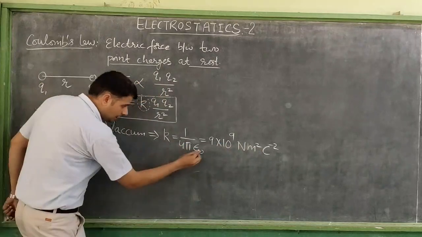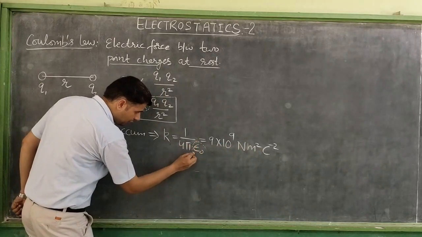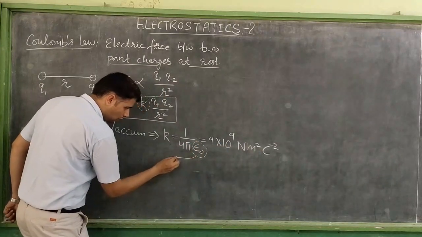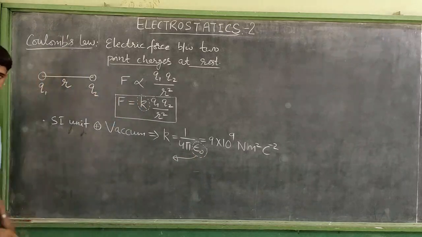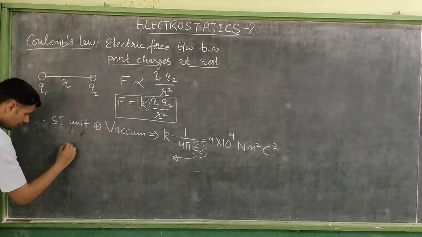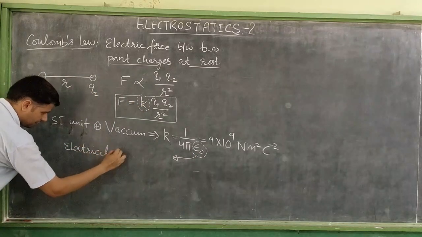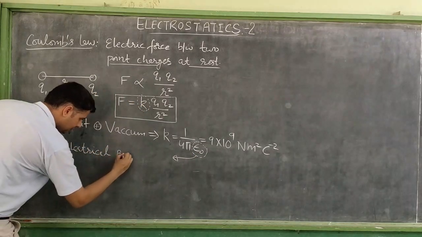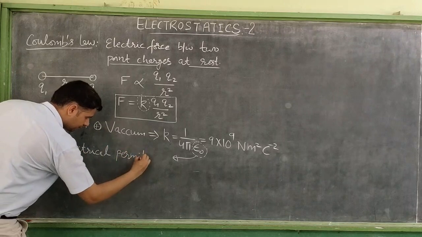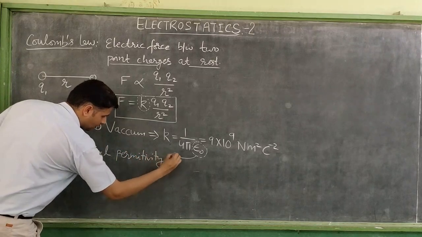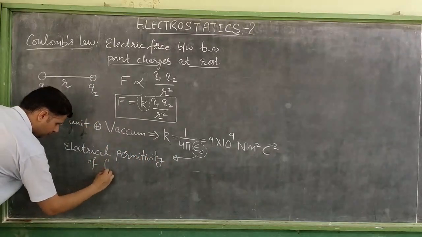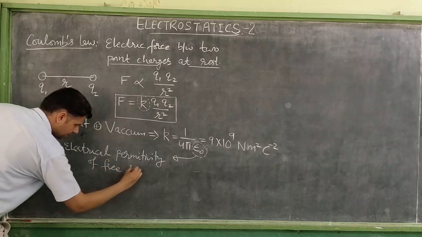The new parameter we have introduced here is epsilon naught. This is nothing but the electrical permittivity of free space.